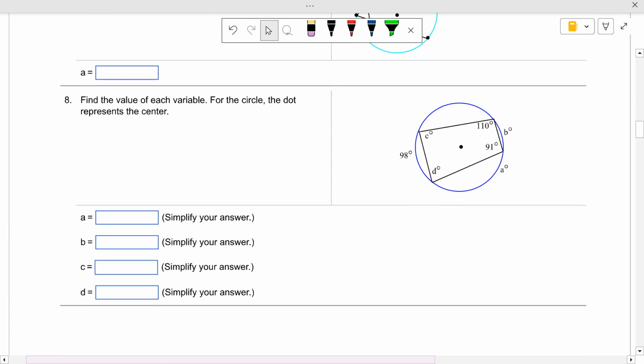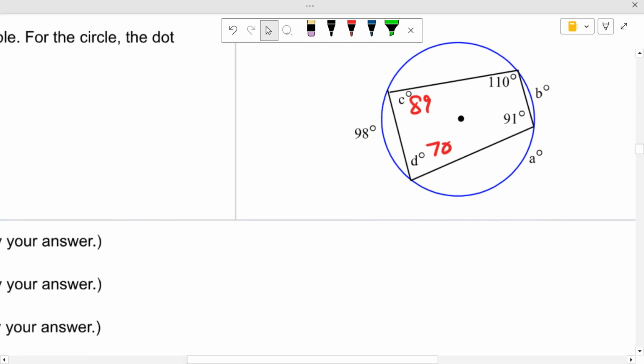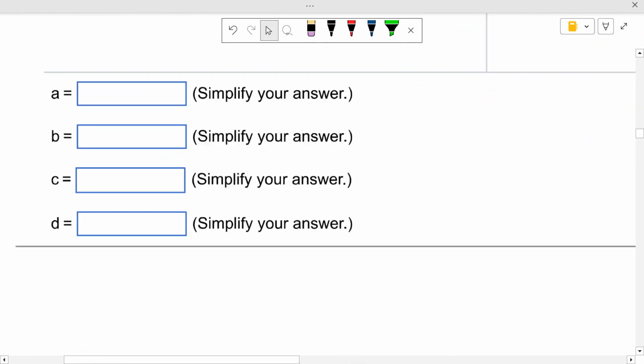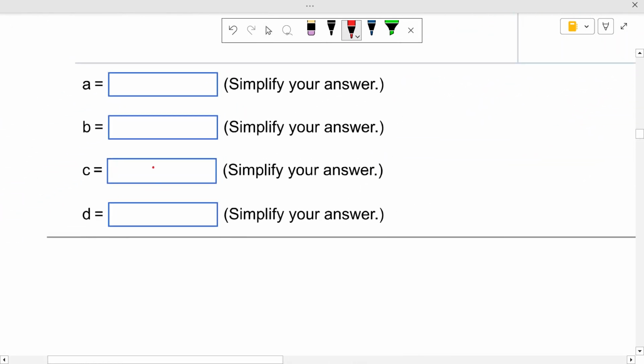All right. So in a situation like this, I would find C and D first. What's C going to be? 89, because these add up to 180. And what's D going to be? 70. So C is 89, D is 70.